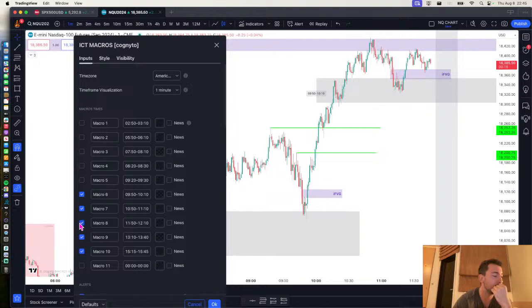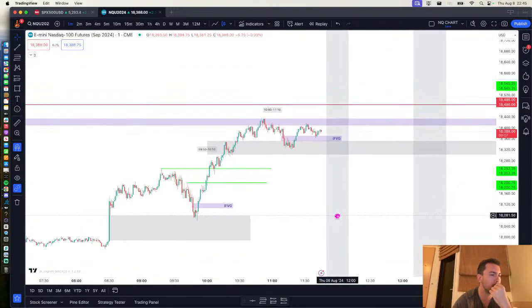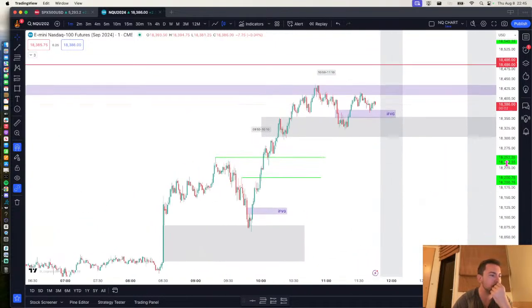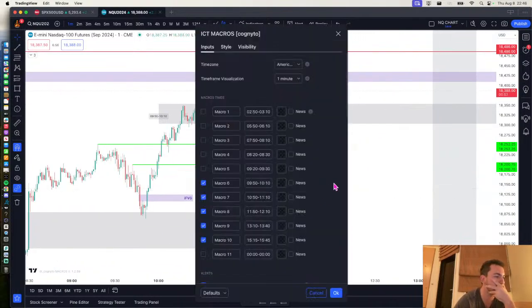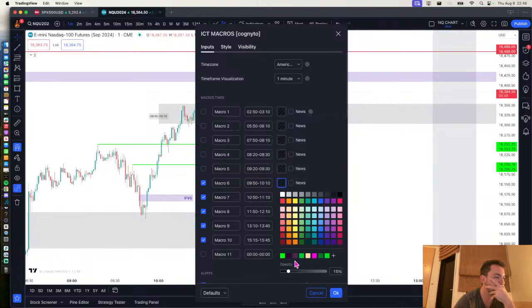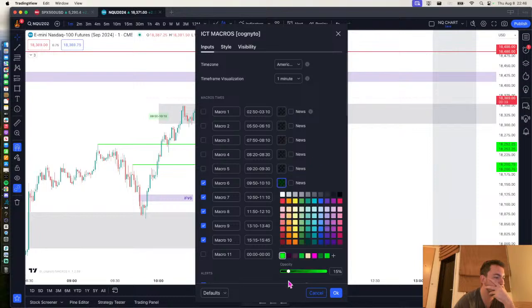If I add that, I don't know why it does this. Oh, I guess it's showing macros that haven't happened yet. Oh, that's actually pretty smart. Can I change the coloring of this? Hold on.